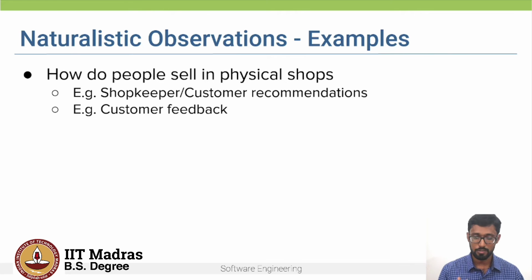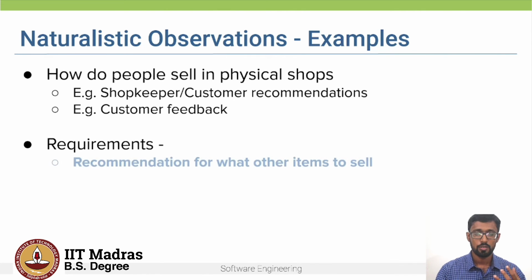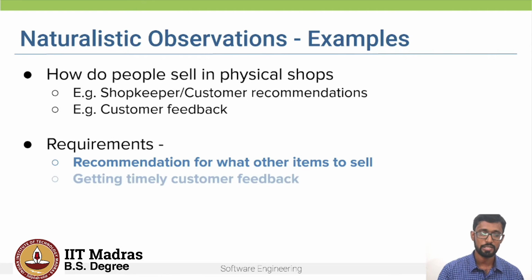Customer feedback is also very important. The shop owner appreciates feedback about a product which they sold to their customer. So these can be translated into the online setting as well, in the form of recommendations as well as getting timely customer feedback.